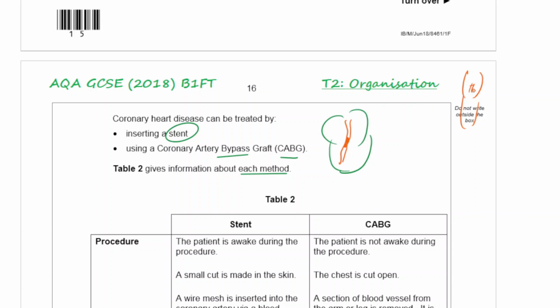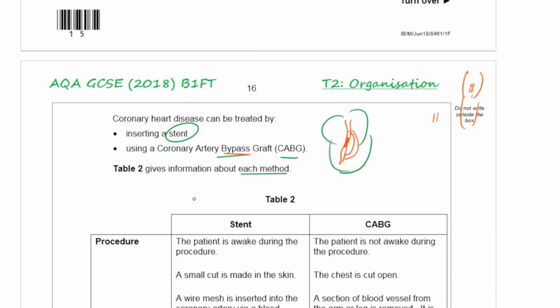They cut a small section of it and then stitch it back up again. And they remove a small piece of artery and then join it like this, so that the blood goes through the side, bypassing this. This is why it's called a coronary artery bypass.